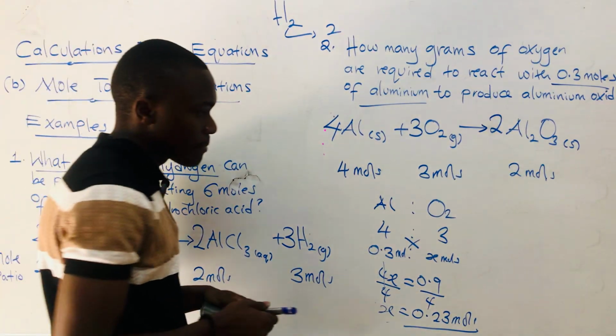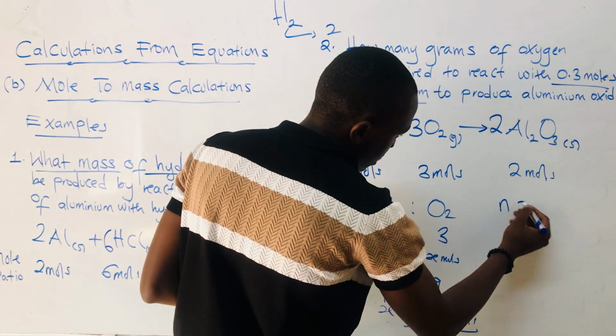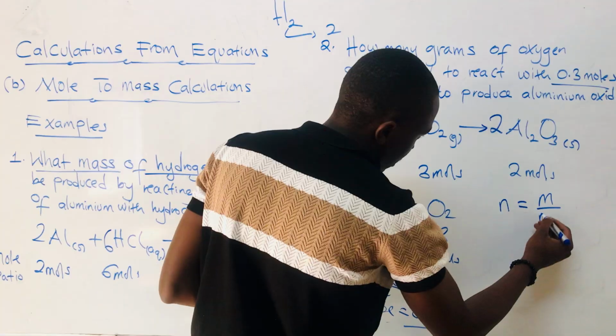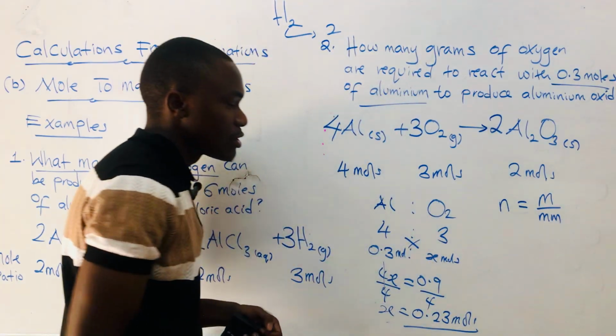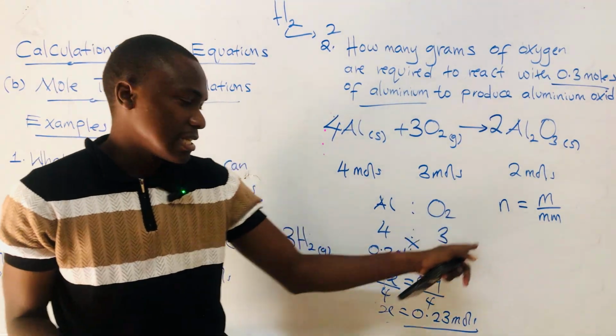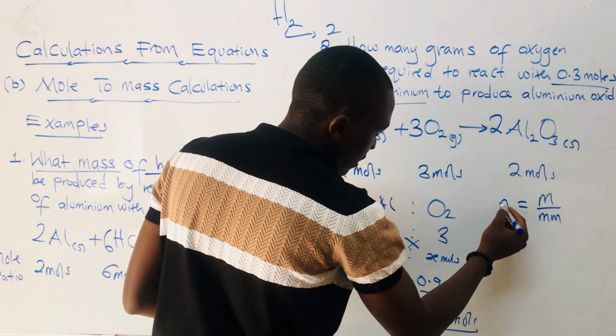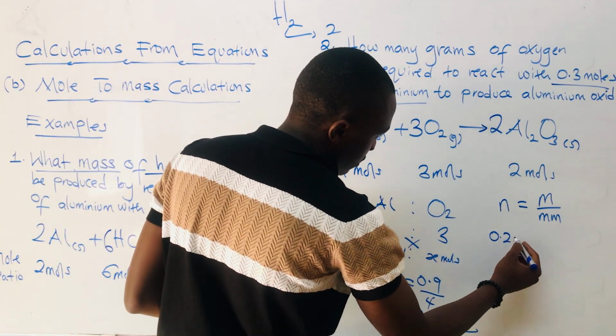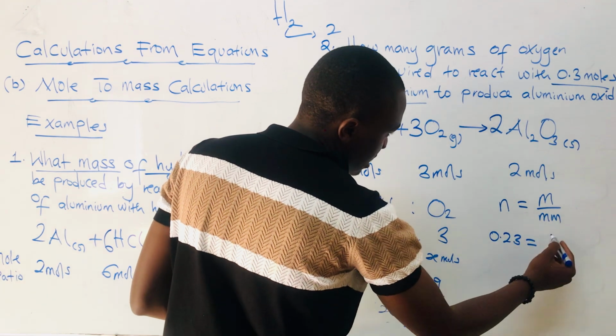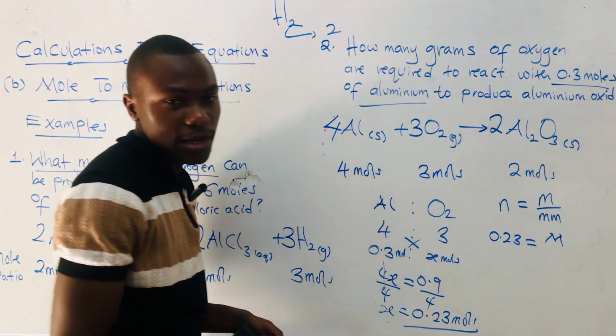Now remember that number of moles is equal to mass over the molar mass. Do we have the number of moles of oxygen? Yes, we have 0.23 moles of oxygen. So here where there is number of moles, we put 0.23 equals, what is the mass of oxygen? It is what we are looking for.